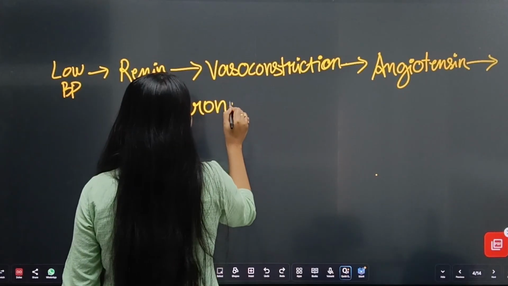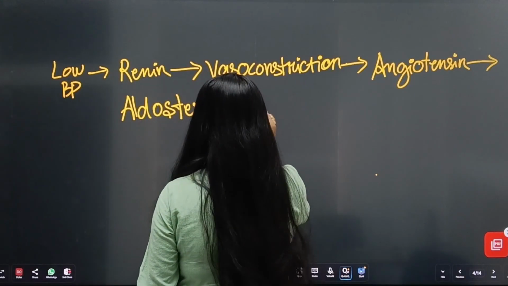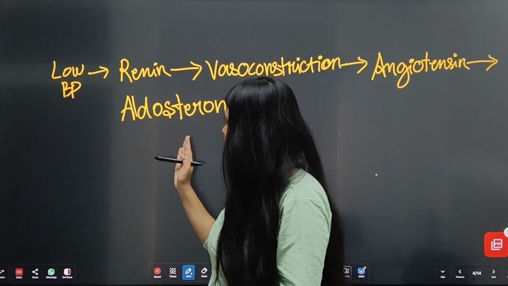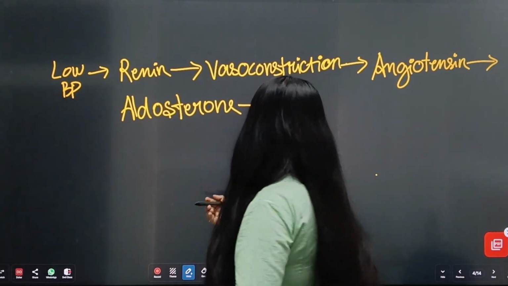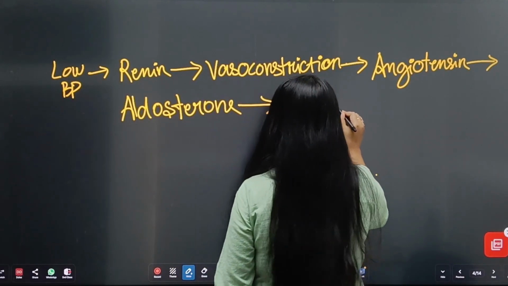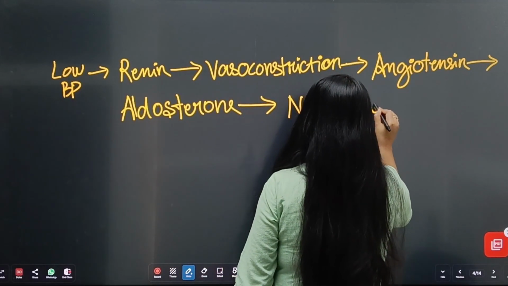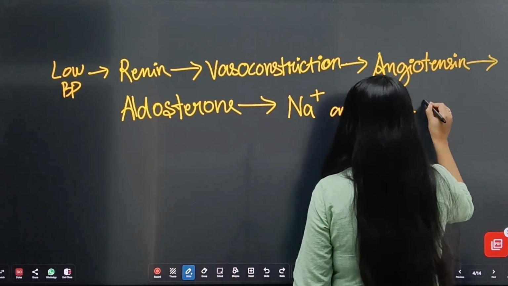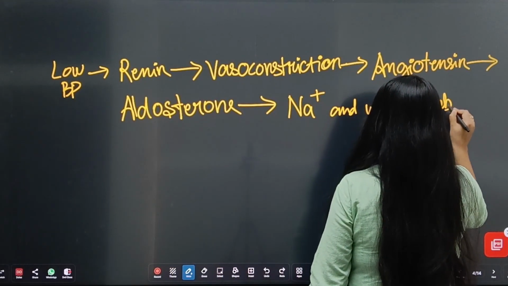Aldosterone hobo? Hetu release hobo. Tar pisot ki hobo? On the release of aldosterone, what is going to happen? Sodium and water reabsorption will take place. Hobo na nai? And water reabsorption will take place. Yes.